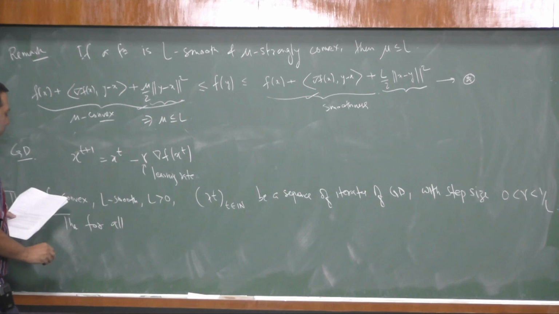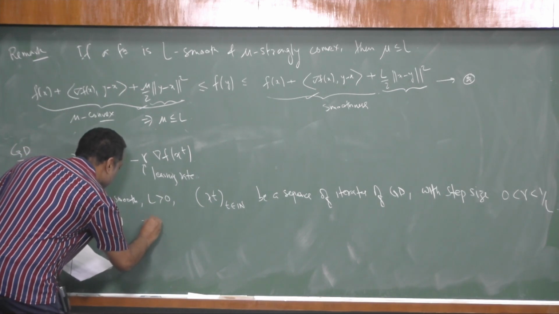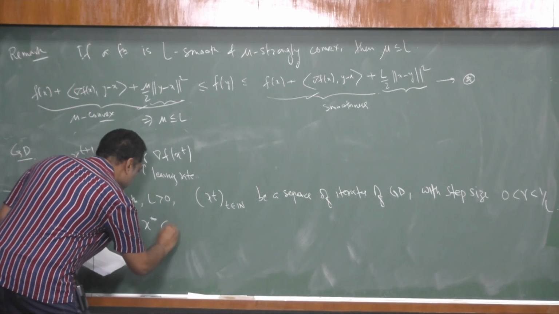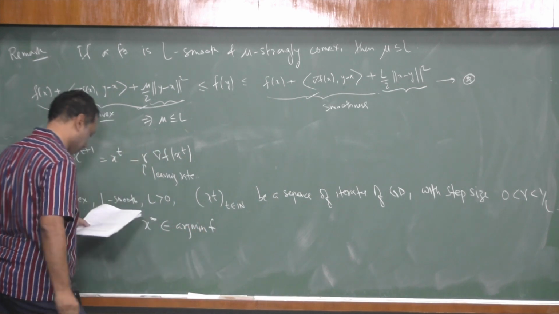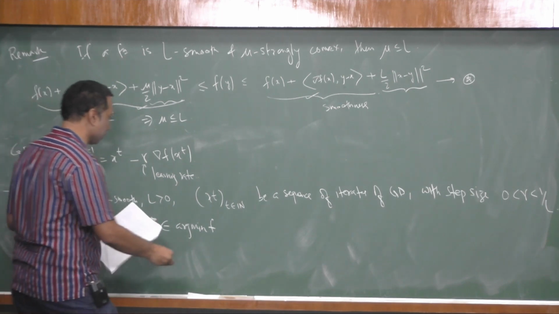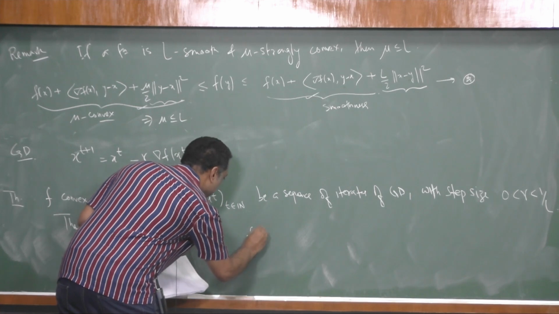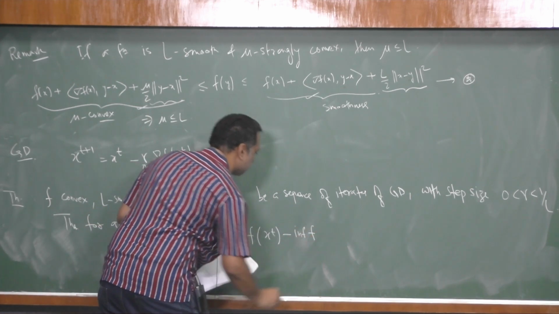We had one variant of the proof before; this is another one. So x star is the argmin of f. Then we have a bound like this: f(x_t) minus infimum of f.